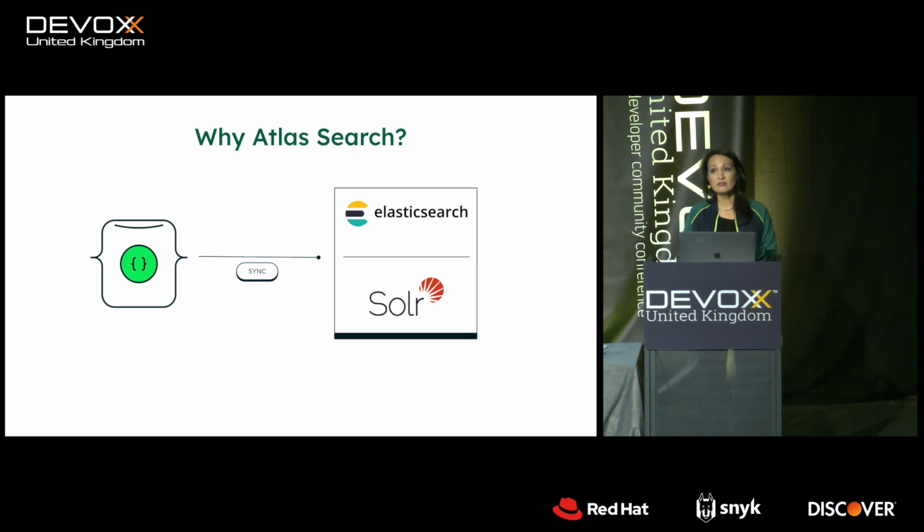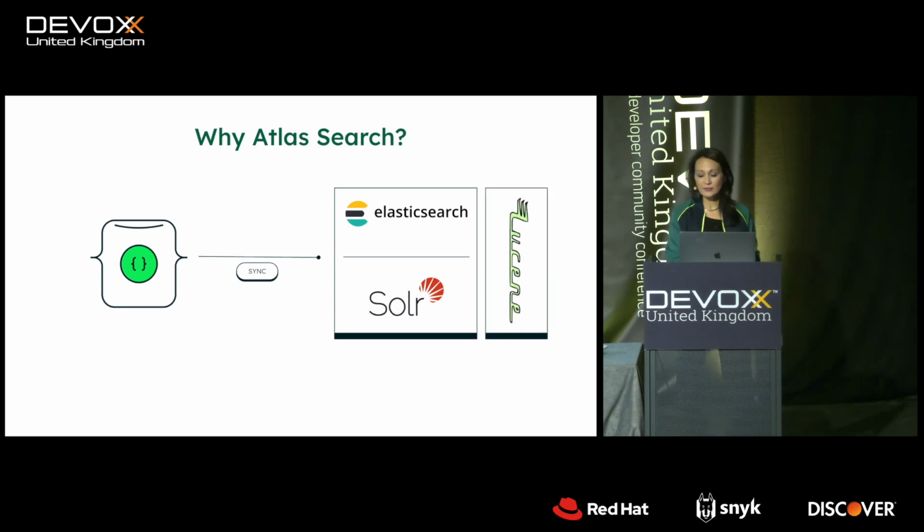So a lot of our customers, users, had MongoDB, and then they had another third-party system or service, and they would have to keep their data in sync across that. And then they'd have these two different systems. They'd have to scale them and secure them. It came up with a whole bunch of problems together, and then it's really hard to keep data in sync as well. But we know that they're using Lucene on the back end.